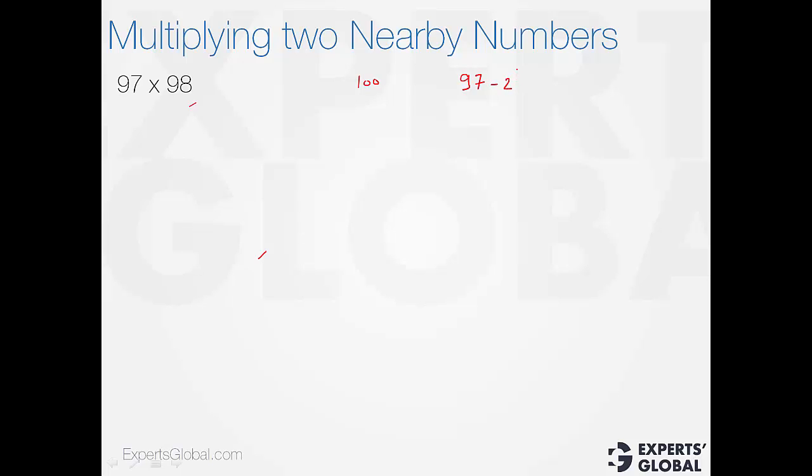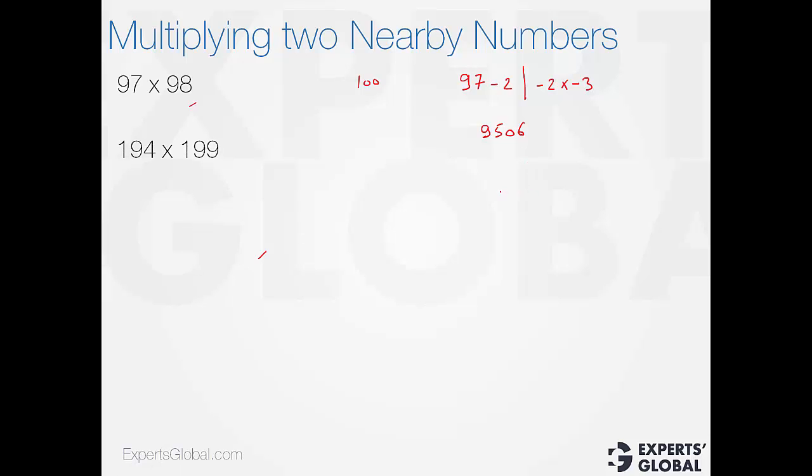So this comes here. On the right side, it would be minus 2 into minus 3. Okay, so it becomes 95. Two zeros here, so two numbers need to come on the right side. It's 9506.